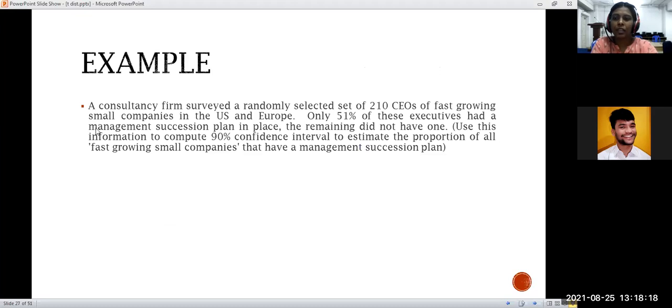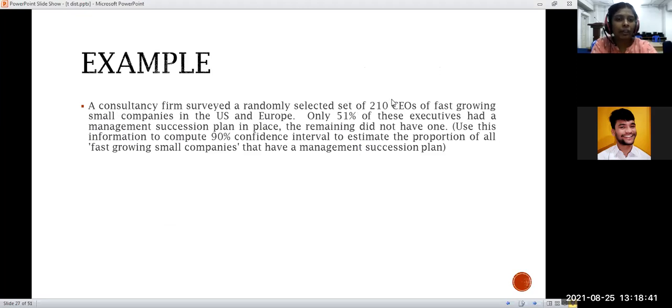The problem that we'll be trying to solve is this one. A consultancy firm surveyed a randomly selected set of 210 CEOs of fast-growing small companies in US and Europe. So this is the total population of CEOs of fast-growing small companies in the US and Europe.